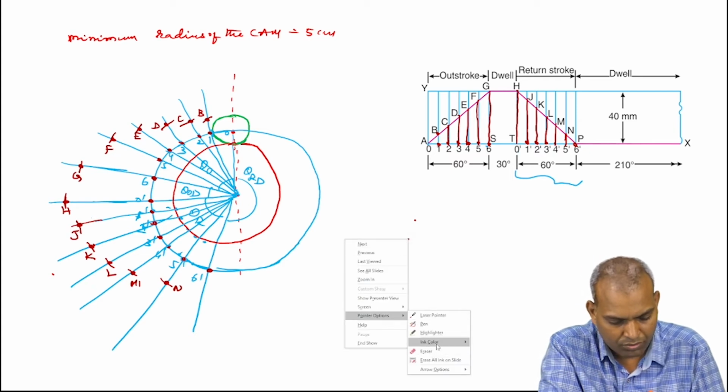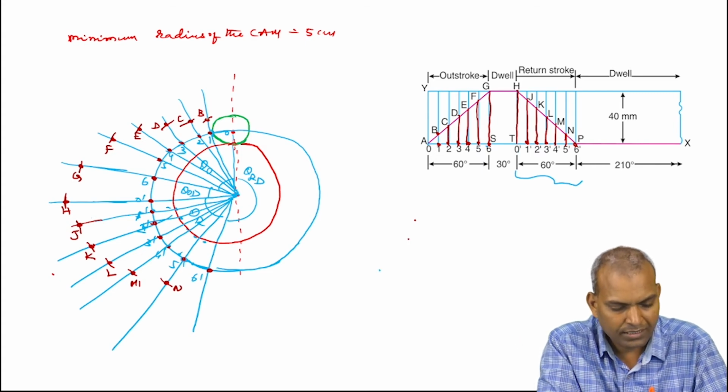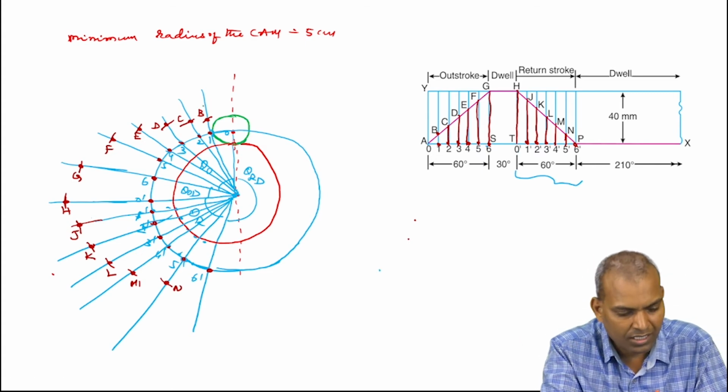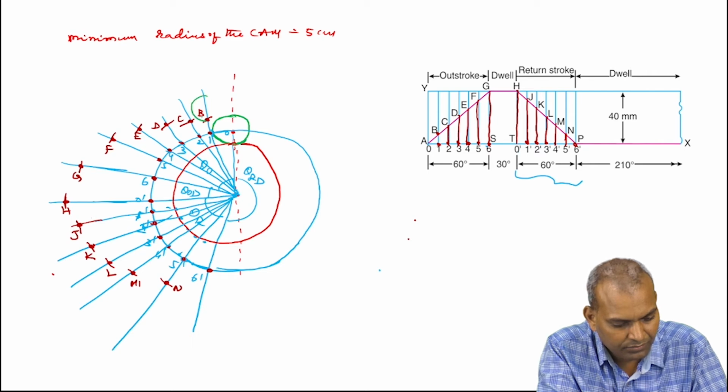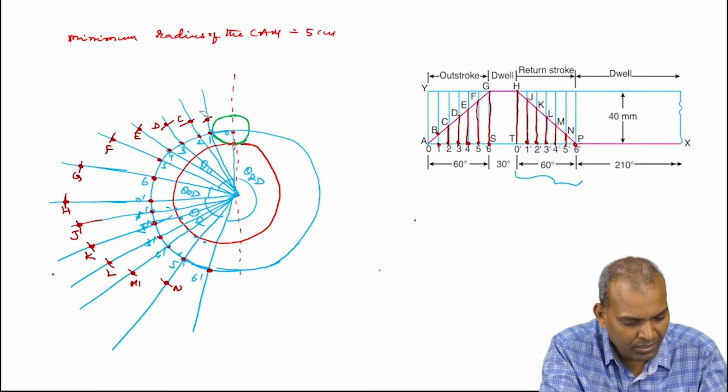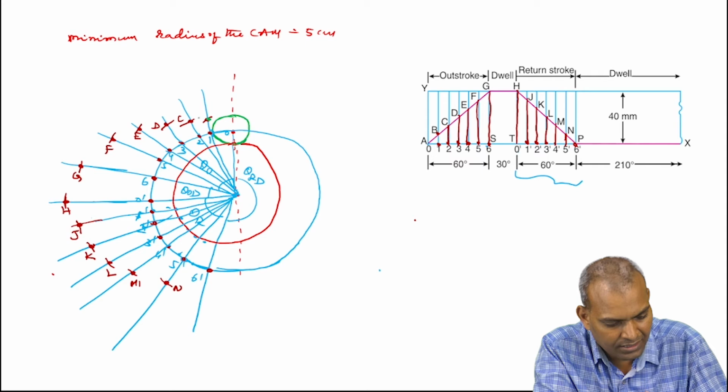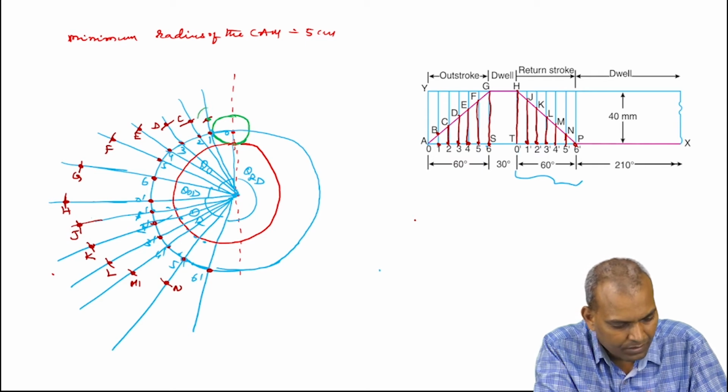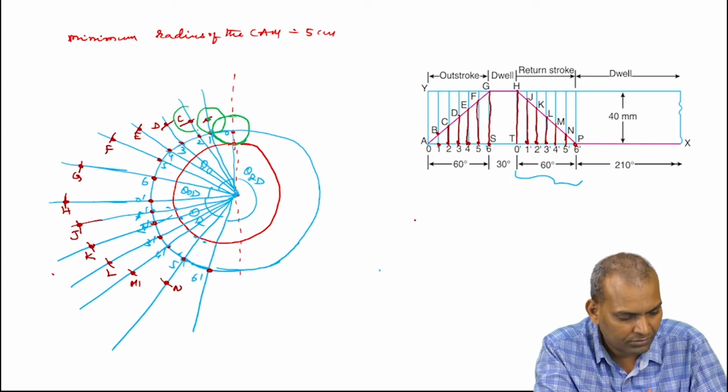Take a 5 millimeter radius and draw a roller here, with this as the center.